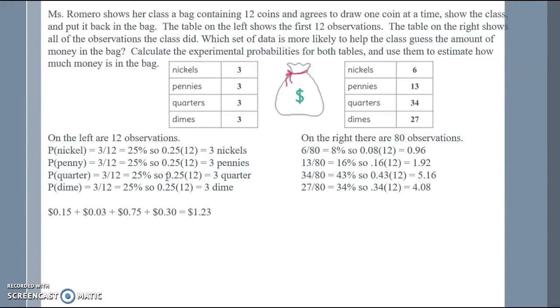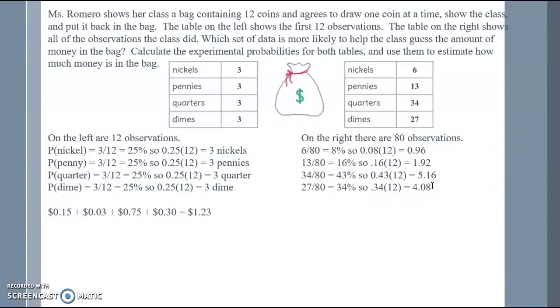But we only have 12 coins, so we will multiply each percentage by the 12 coins which we have. So 8% of 12 would be 0.96, 16% of 12 is 1.92, 43% of 12 is 5.16, and 34% of 12 is 4.08.